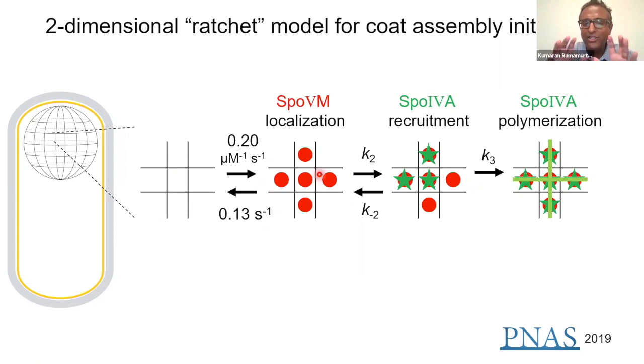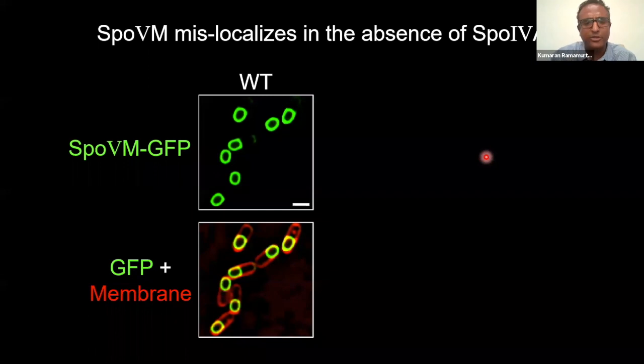Similarly, we used a single molecule strategy where the fluorophore was on SpoVM, and we were able to measure an on rate and an off rate of SpoVM, and I'm not going to show you the data for that because it's already published. But what I will show you is that this last rate constant, our model here is that once the recruited protein was polymerized, then nothing comes off of that membrane. So we wanted to test if this is actually an irreversible step.